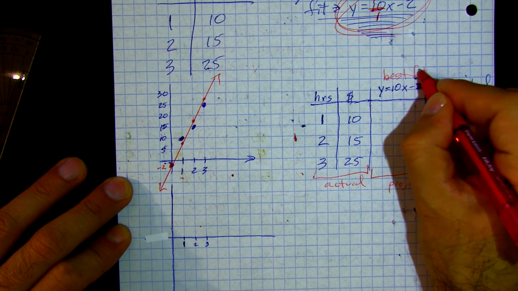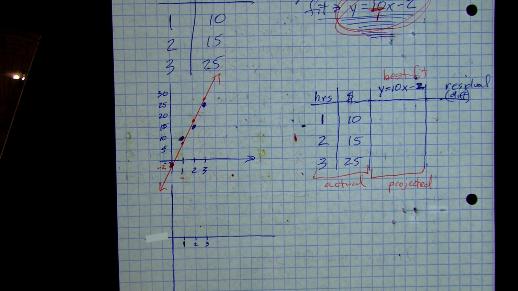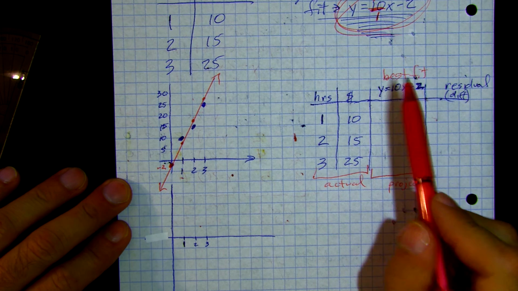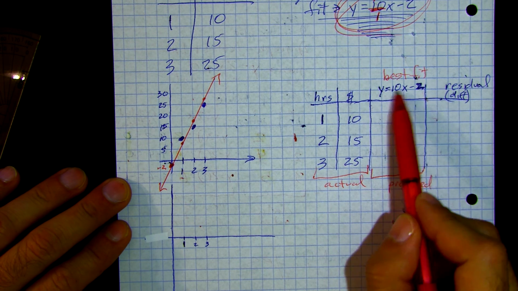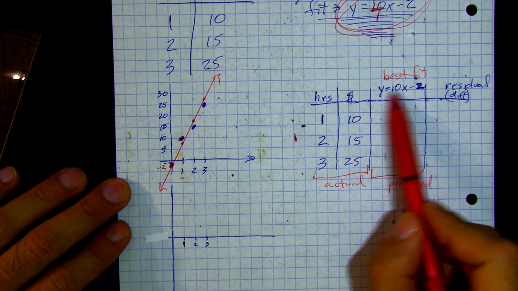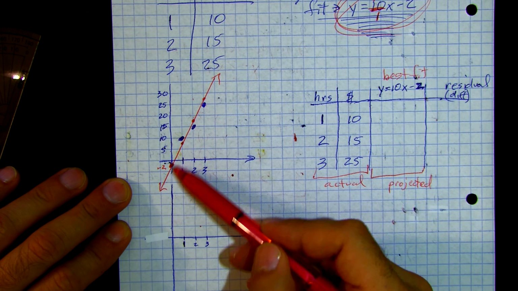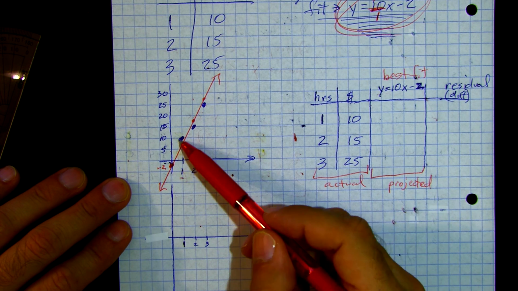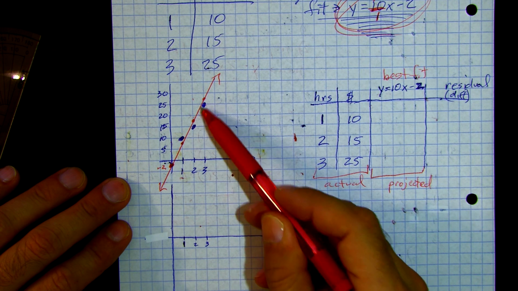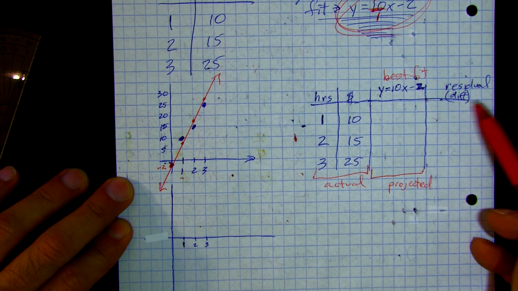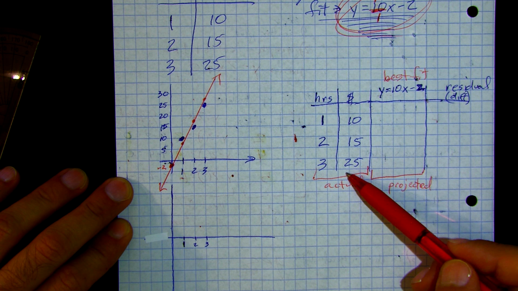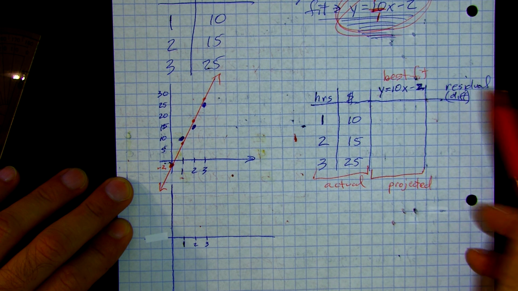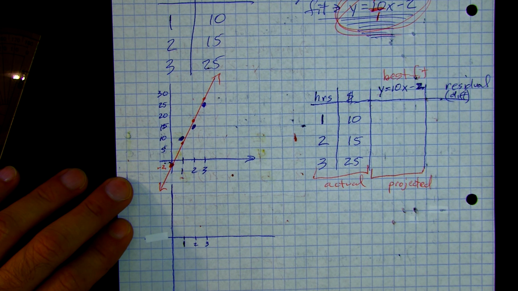The best fit says, well, I'm going to say that all of your points are going to follow this line, the red best fit line. But we know that's not true. We know that these data points were a little bit above or below, and that's what the residual is going to show. We have the actual, we have the projected. We'll subtract them and find our residual, how far off it is.